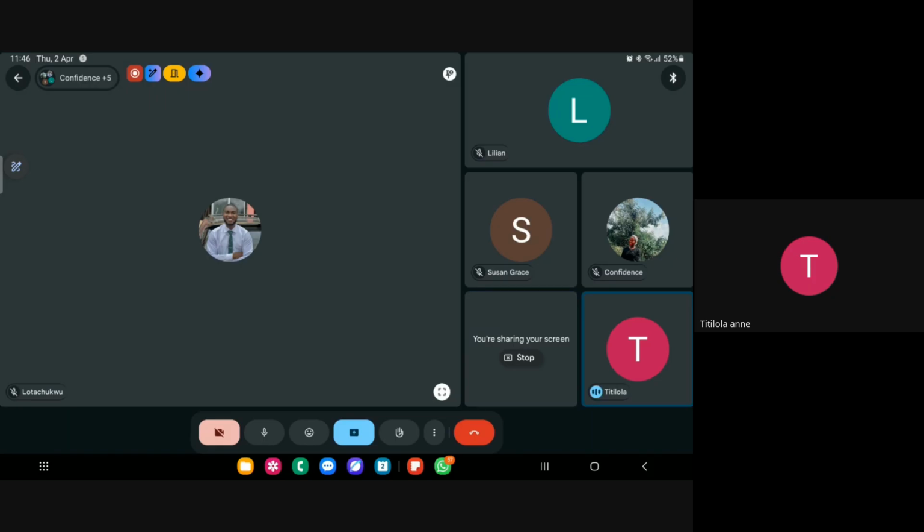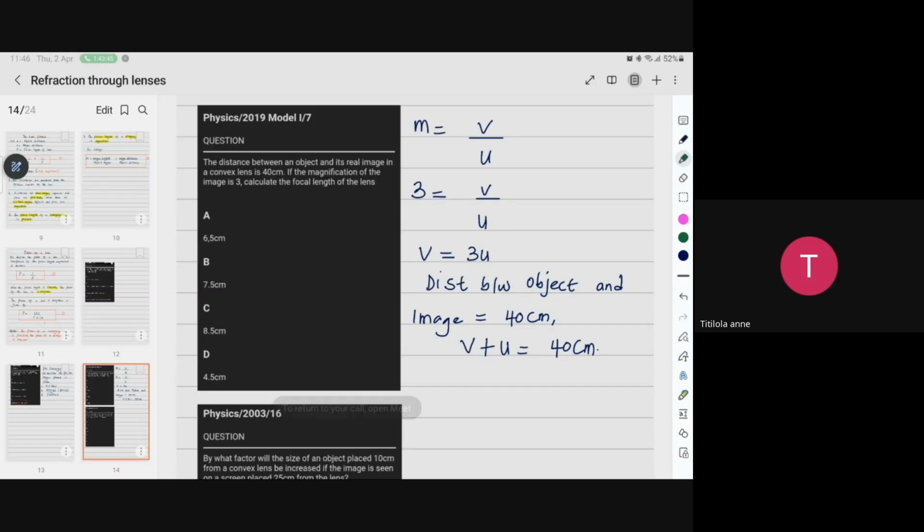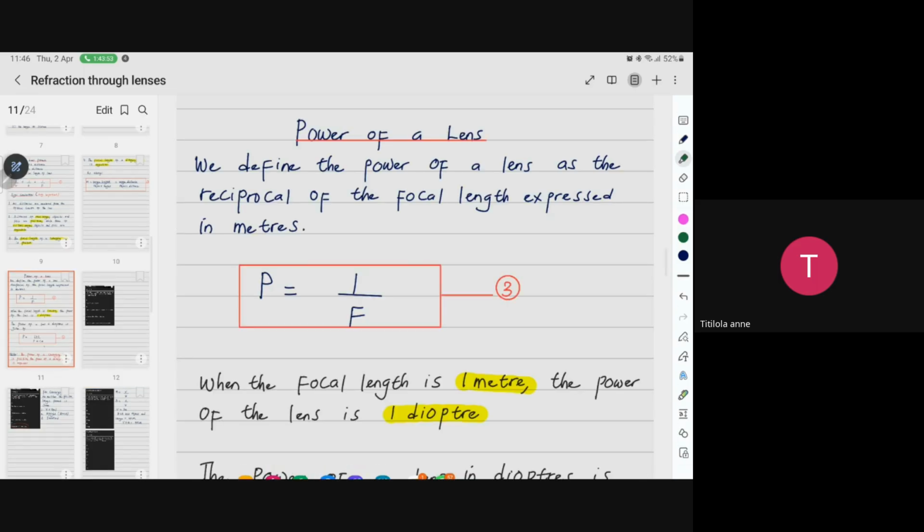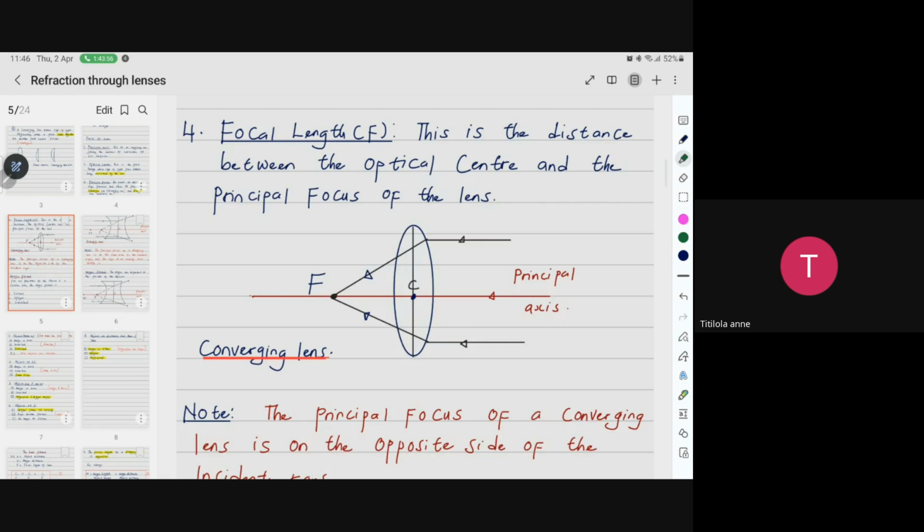Okay, sir. You asked the question, but I could not get it. So first of all, what is image distance? Okay, I think image distance is the distance between the mirror, which I think is the object, and the image formed. No, I'm confused.